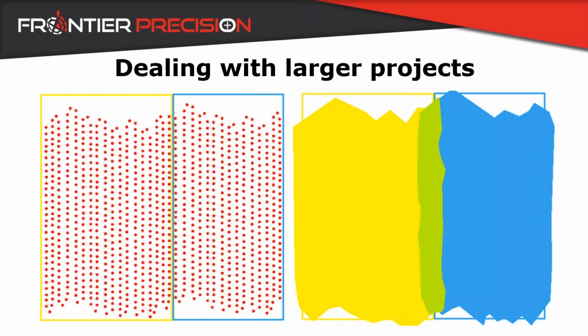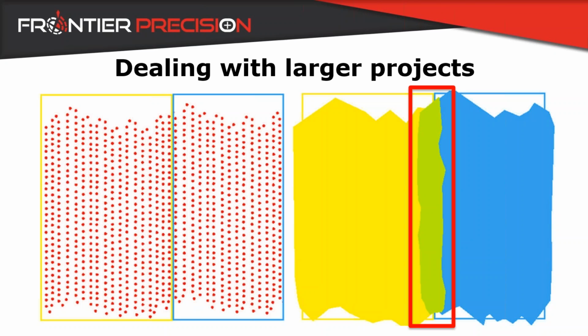Also, a couple of other things, dealing with larger projects where you have to fly one area with multiple flights. Just make sure that between the 2 flights you set them up so they overlap properly. Especially if we're going to process them together in Pix4D, maybe we're going to bring in 3-4 flights and process them in one project.